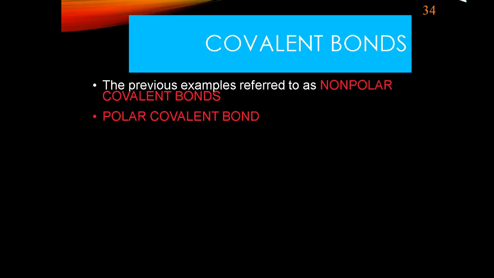So remember, in a polar covalent bond, the electrons are shared unequally. We know that at least one atom has a small ionization potential, meaning that atom has a willingness to lose the electron.